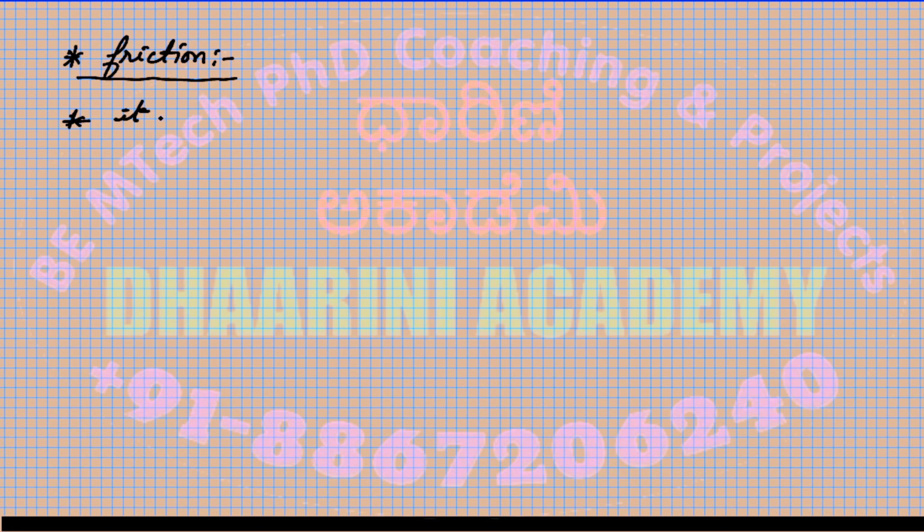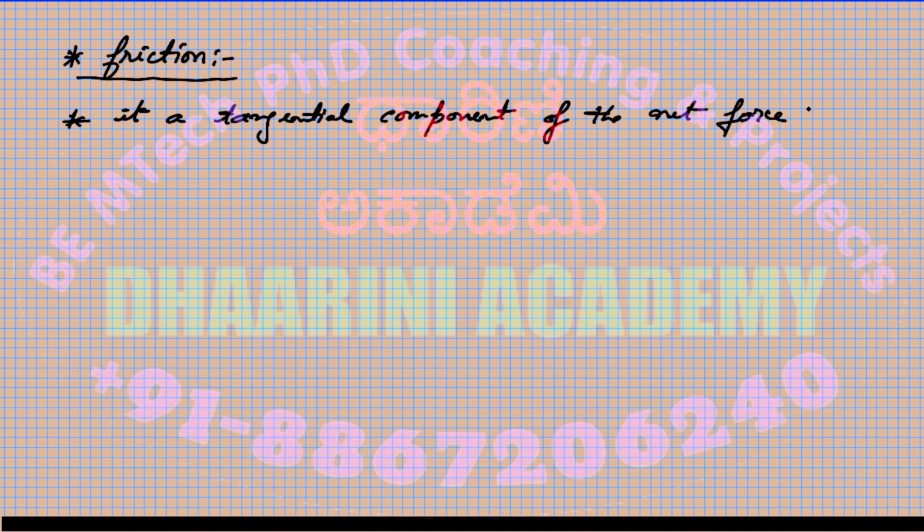Friction is a tangential component of the net force acting between two bodies in contact.